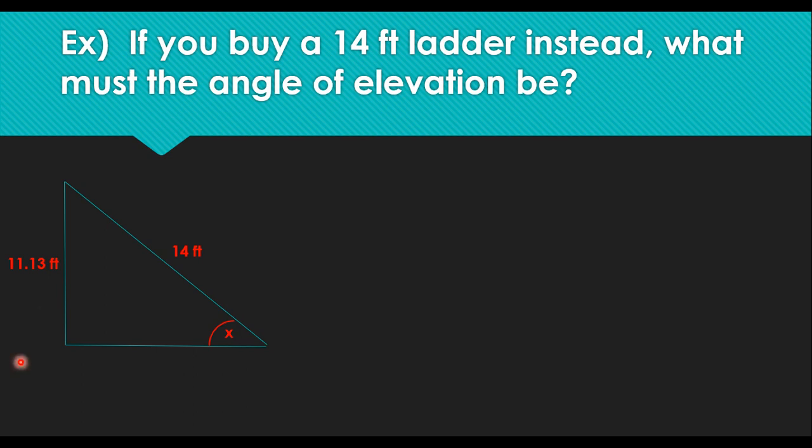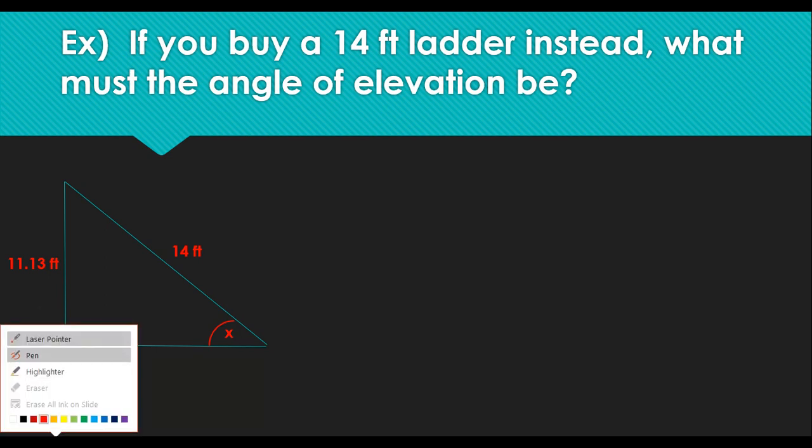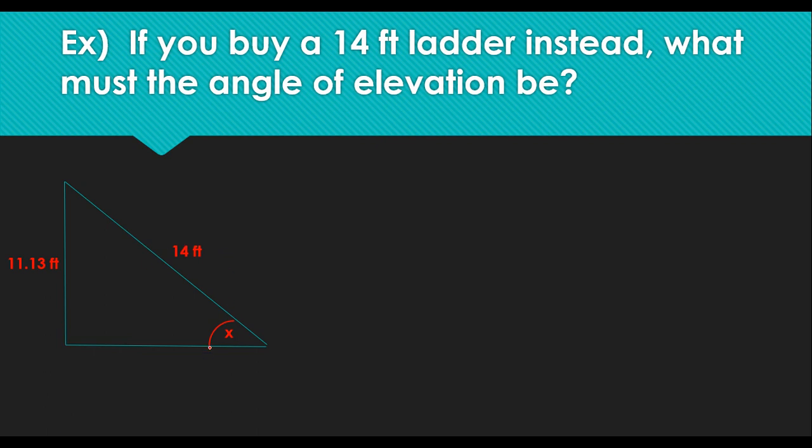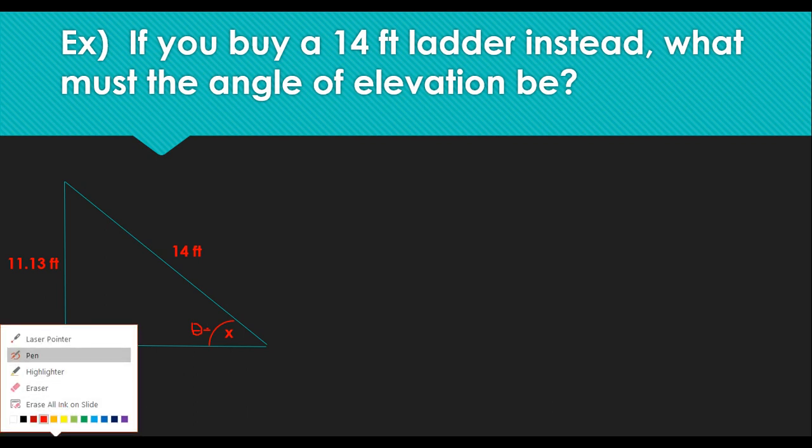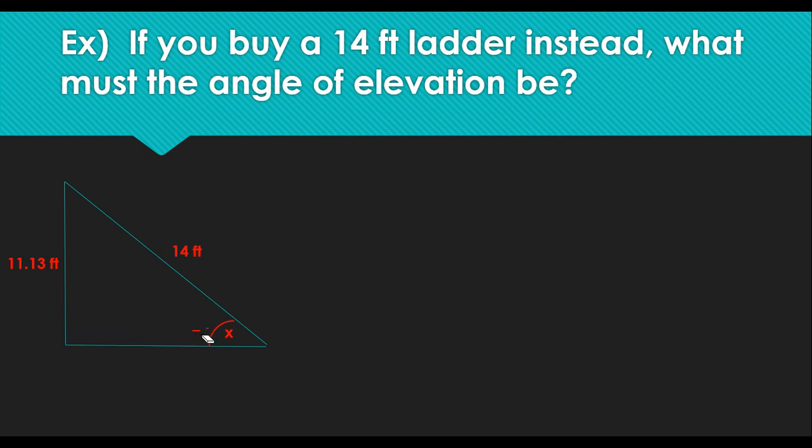How can we use SOHCAHTOA to figure this out? If this is theta, and draw the Greek letter theta, which means angle. That's a weird equal sign. If this is theta, no, not laser.